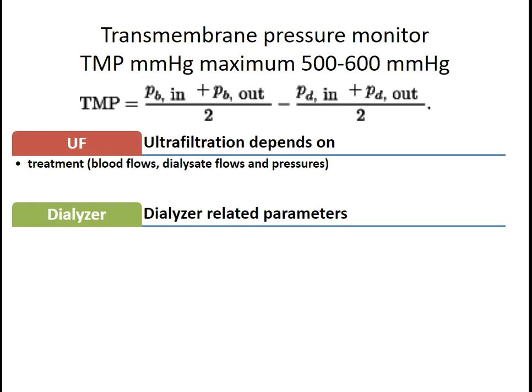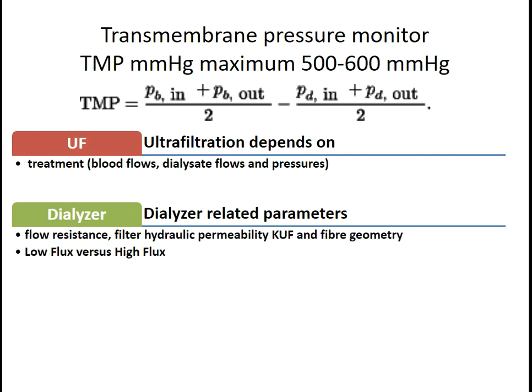Dialyzer related parameters include flow resistance, dialyzer hydraulic permeability, KUF, and the filter fiber geometry. Either a low flux dialyzer with very low, limited KUF, or a high flux dialyzer with higher ultrafiltration.